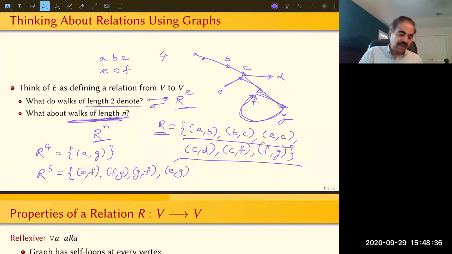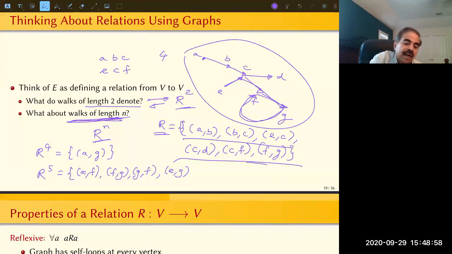Whereas if you are asked R to the power 5, and you have to enumerate this by looking at this list of pairs, it's going to take you forever to say, hey, R is this, R square is this, R cube is this, and so on. It's going to take a lot longer than drawing a graph and then operating using this relationship between walks in the graph and the composition of relations.